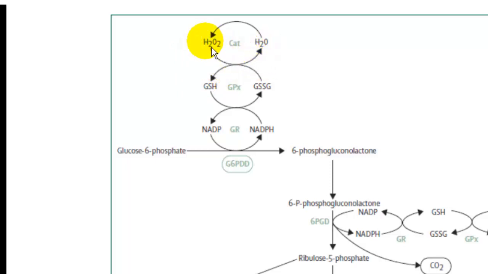So in this specific example, it's oxidizing H2O2 to H2O, and that is a good thing because H2O can be cleared into the cell, and the hydrogen peroxide, which can be pretty reactive and is a source for peroxide radicals, is essentially removed or quenched from the cell. So that is one example of the use of glutathione.